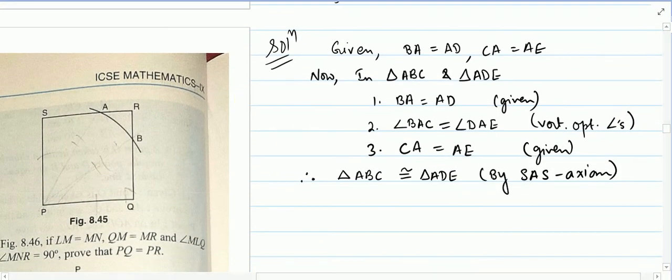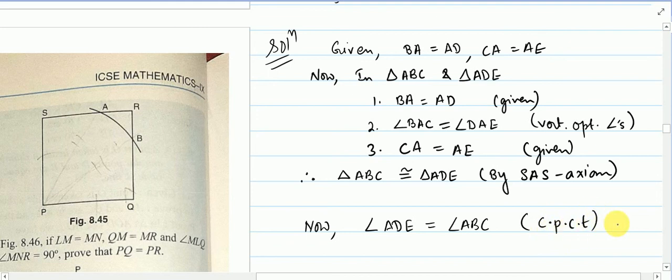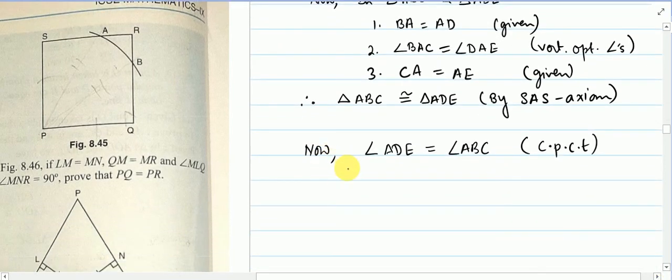So now I can write: angle ADE is equal to angle ABC. Reason is CPCT. Why? Corresponding parts of congruent triangles are equal. Okay.